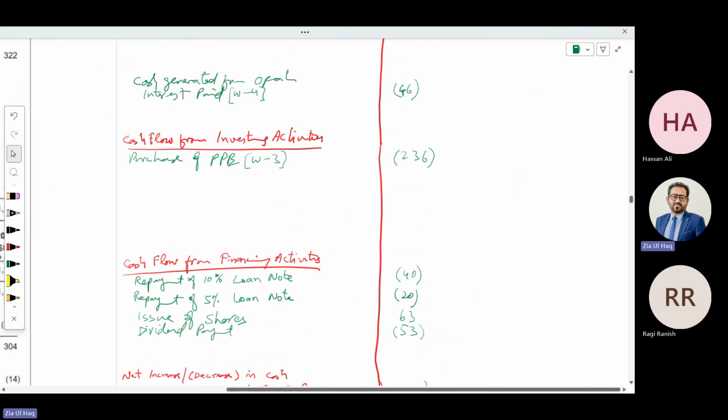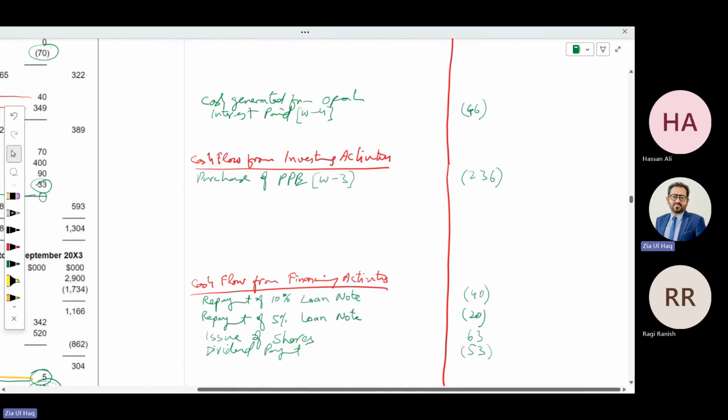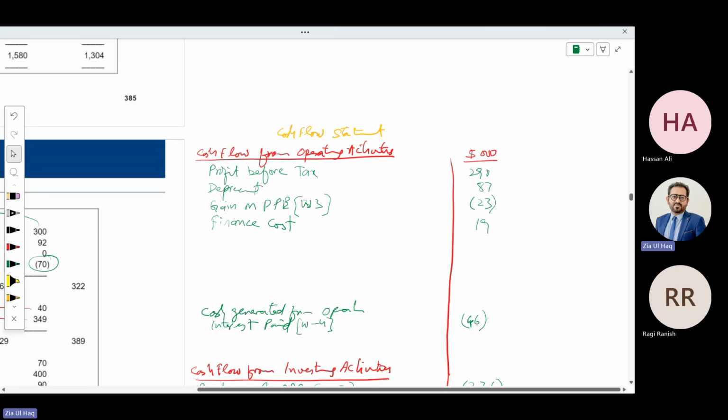So this is relating to what? Cash, and we received relating to what? Financing activities. Interest income received in cash, how much? 10. And that 5 is what? Income relating to financing activities should be deducted.